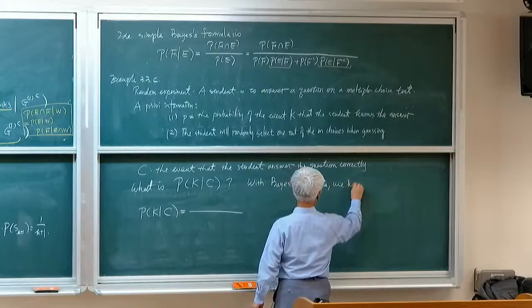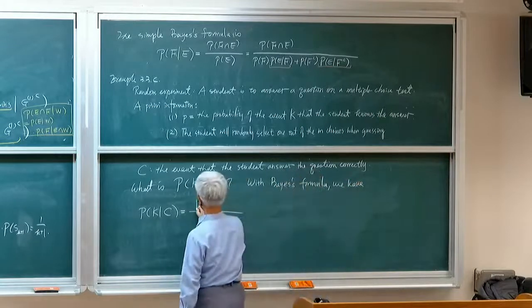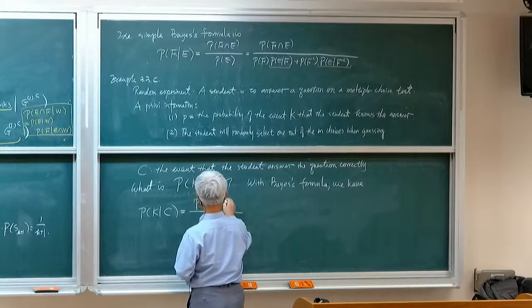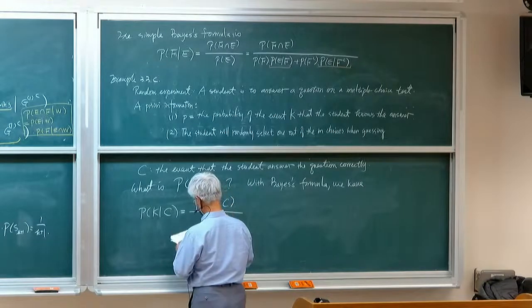We have, so this is the probability of K intersect with C. Okay.